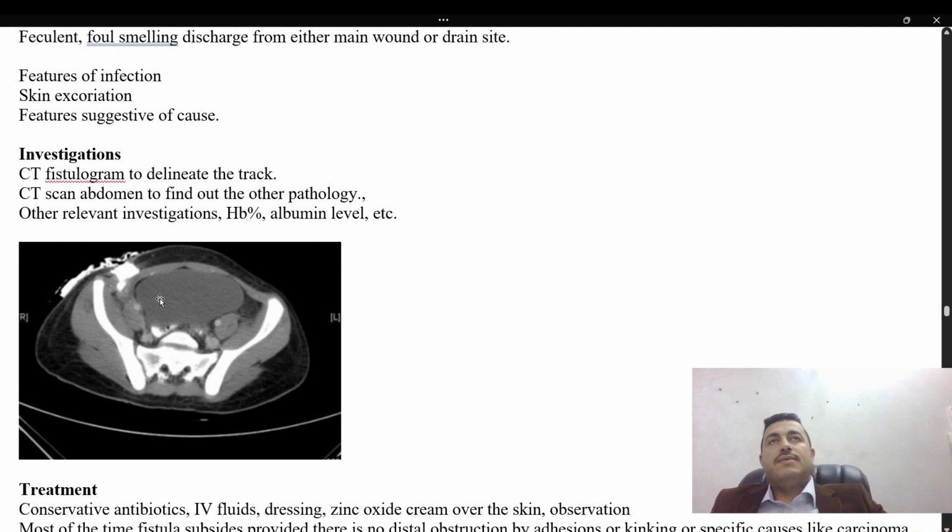Actually, this is a different entity, and talking about how to deal with fistula has many details, but actually fistulas are classified into high output and low output. The more distal the fistula in the GI system, the more likely it is to be low output and more likely to respond to conservative management.